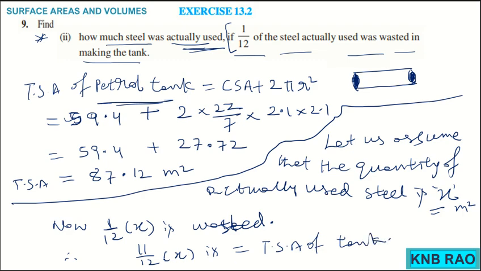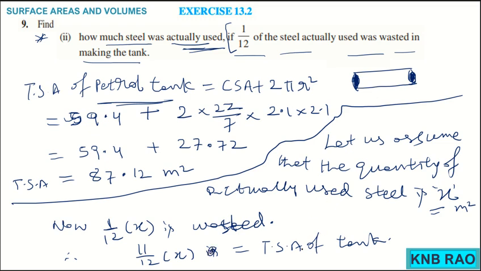That means 11 by 12 times of X to be equated to this 87.12. Why? Because 1/12 is got wasted. That means 11 by 12 is actually the metal which is giving the shape of the tank. That means 11 by 12 of X is equated to TSA of the tank.